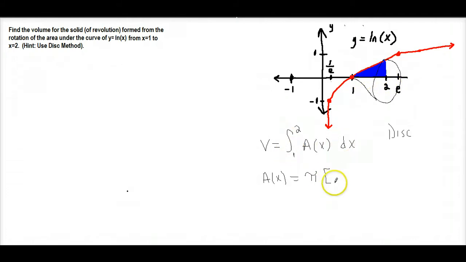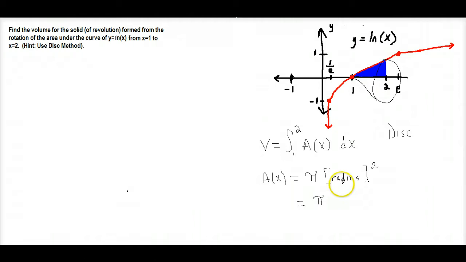And so we know that disks look like circles, and the area of a circle is pi r squared, where r is the radius. So here that would mean that area would be pi r, or radius, squared. And we know the radius of our shape will change as natural log of x changes.